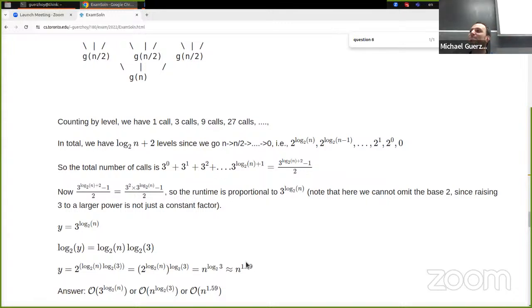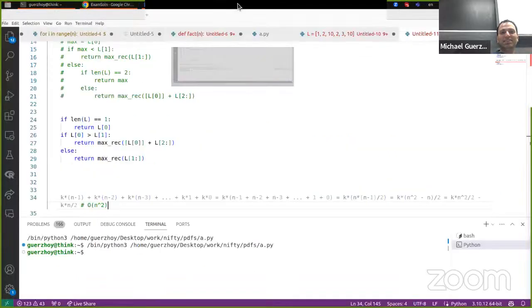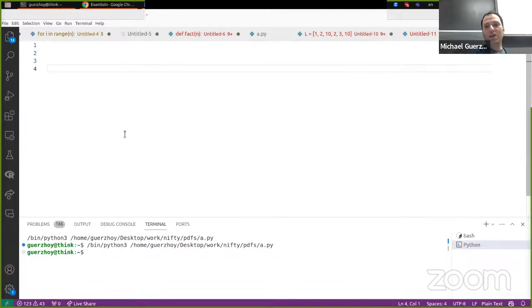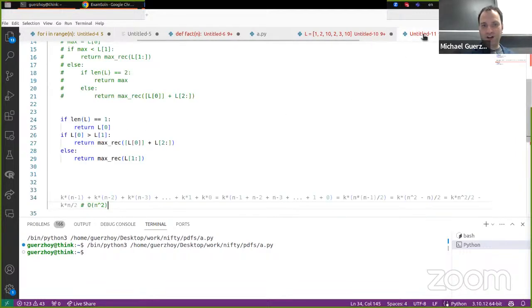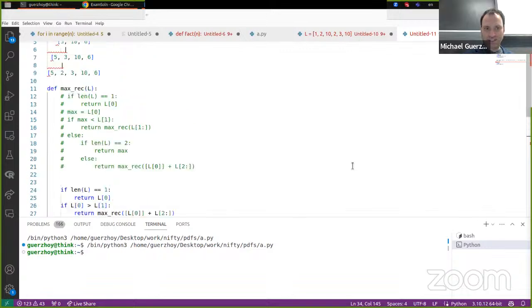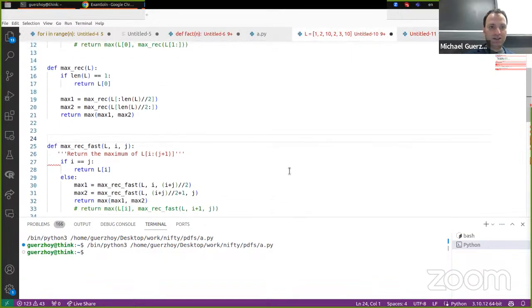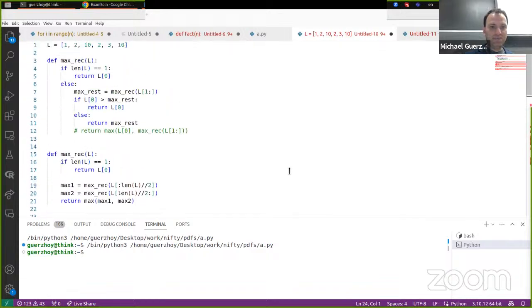Can you go over one of the trees when it's n log n, and when you're summing up the terms, what are you taking? Well, we actually had an example of n log n recently, the bad max.